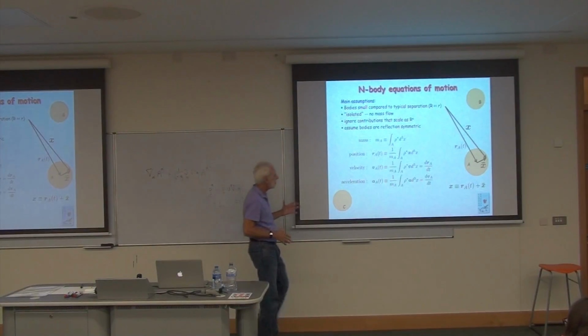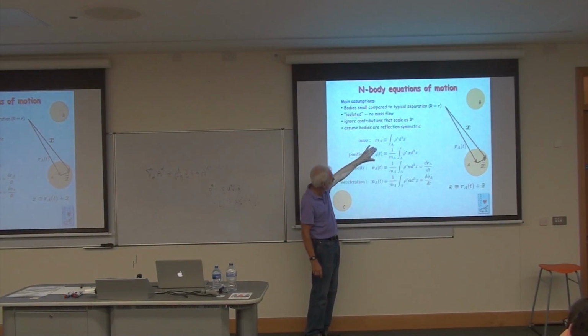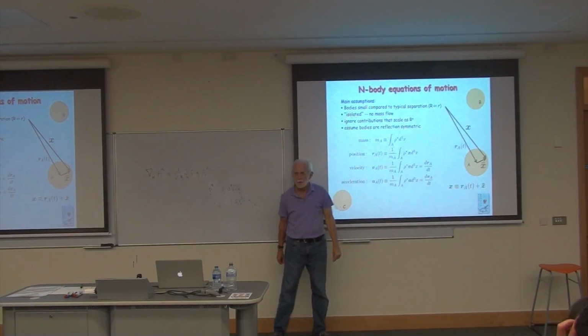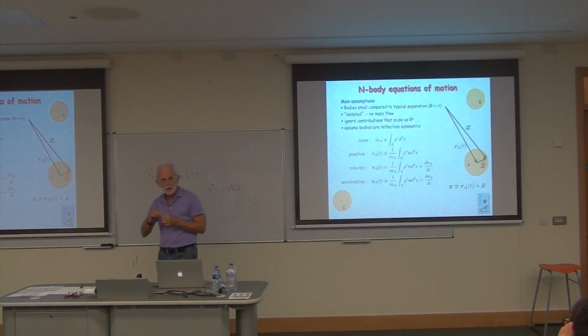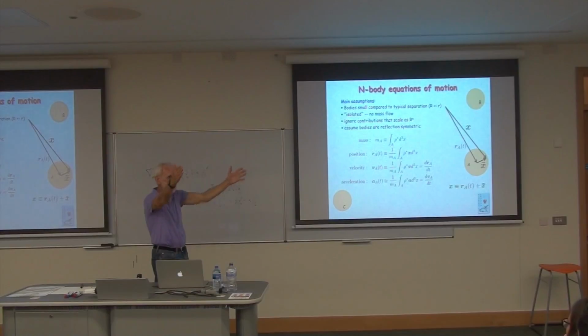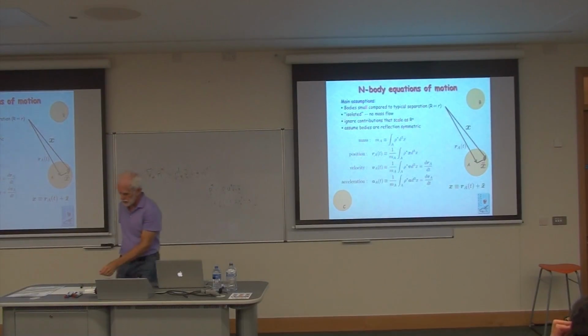So I'm belaboring this point because time spent worrying about rigorous definitions of the center of mass, you really don't need one. You just need one that's sensible, that's simple, that makes life easy for yourself, and that allows you at the end to convert this knowledge into something that you actually measure, like the round-trip time of a radar signal, the location of the edge relative to the location of a distant quasar. These are the measurable quantities, not the location of the center of mass. Anyway, so that's enough of that preaching.